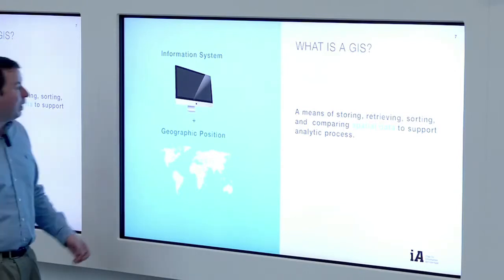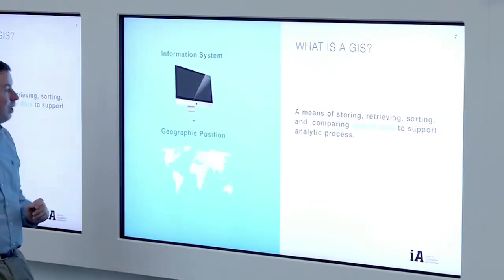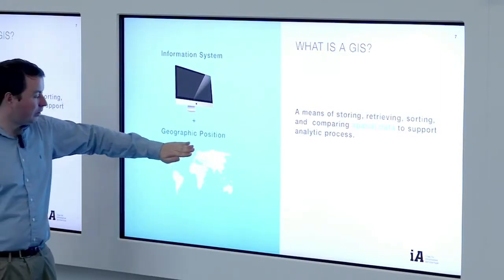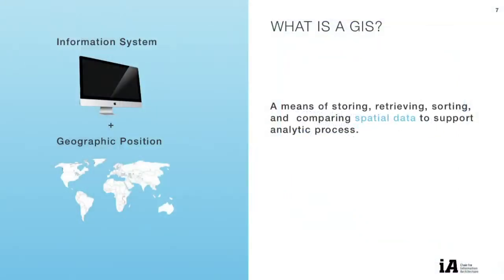If you combine such a database not just with books, but maybe with shapes, together with a clarified geographic position, you can retrieve spatial data. You can put spatial data in there, you can change it, and you can do analytic processes on it.